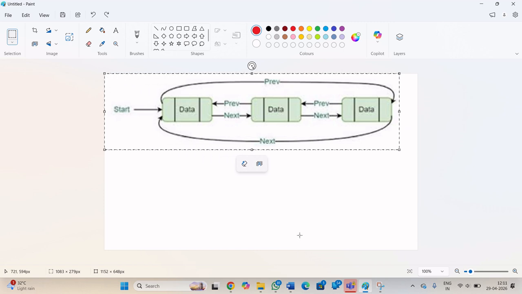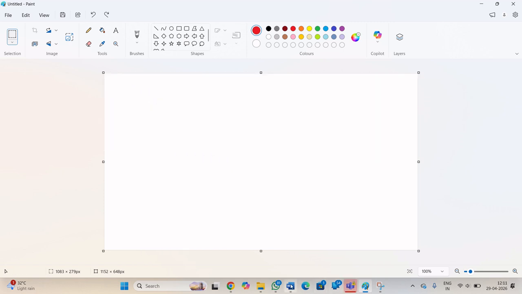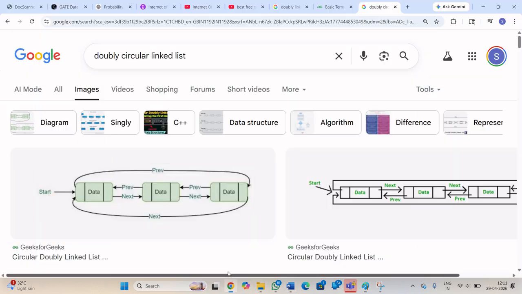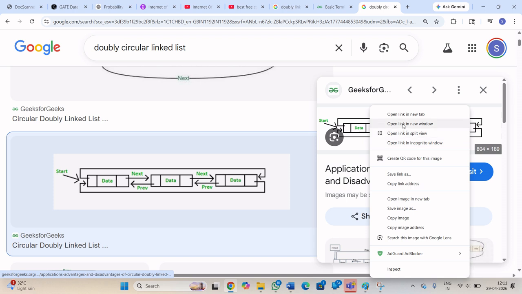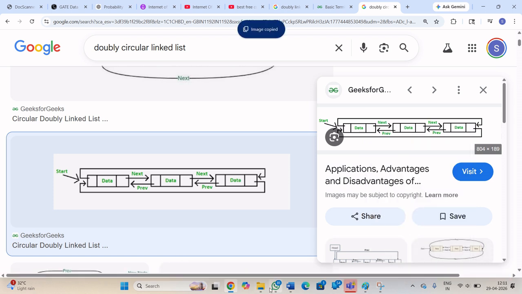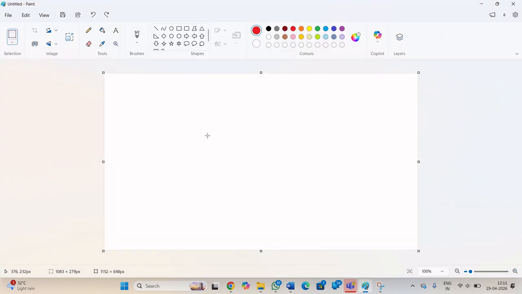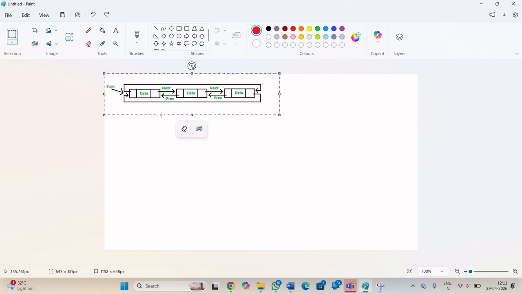The quality is low, sorry. Okay, I think that's the correct image. We had downloaded the image in the previous steps at the time of the doubly linked list, but it was the one for the circular linked list, so it was not correct. That is the doubly circular linked list.